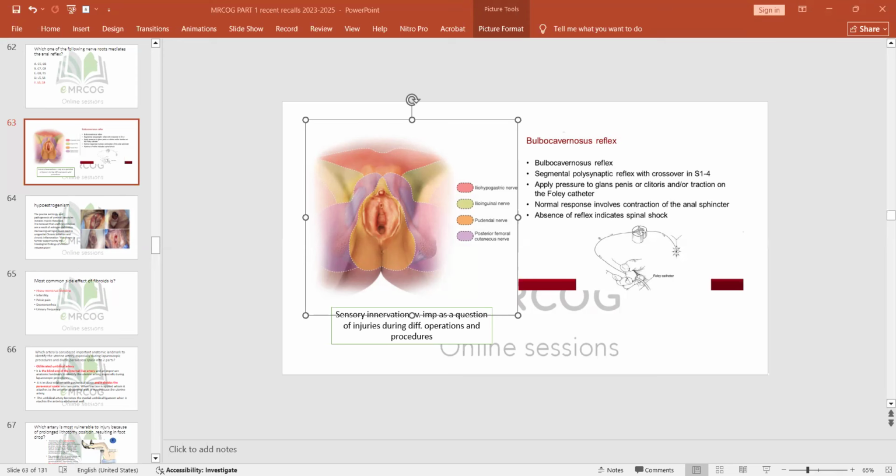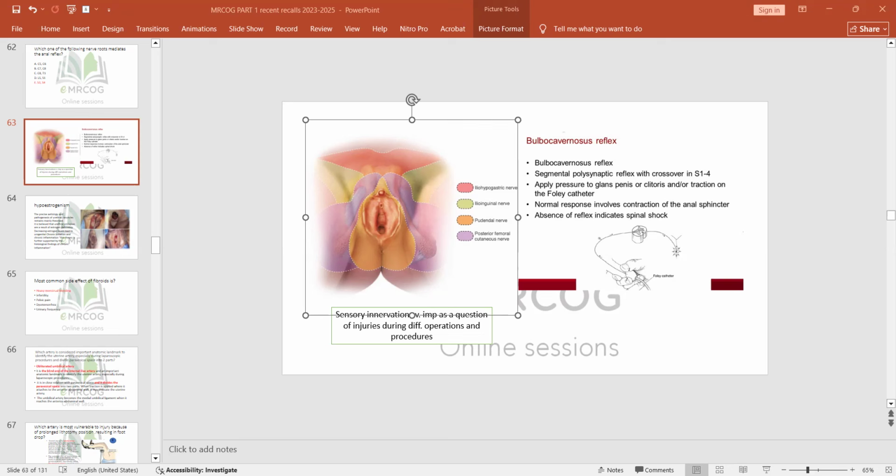No, we don't. We are not going to hurt. Which one in the inguinal canal? Which one? Genital branch. Yes, genital branch.